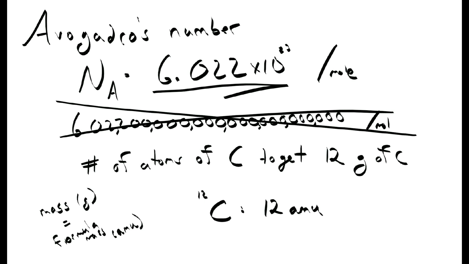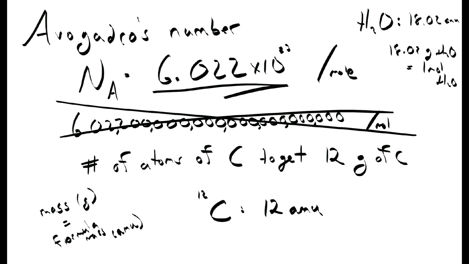So going back to water, H2O, the formula mass is 18.02 atomic mass units. That means that 18.02 grams of water equals 1 mole of water, is equal to 6.022 times 10 to the 23rd molecules of water.